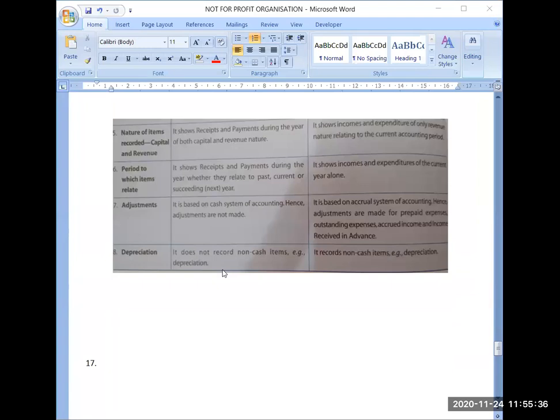Some more differences are there. In receipt and payment account, you can record both types of transaction, whether it is a capital transaction or a revenue transaction. However, in income and expenditure, only revenue nature transactions will be recorded.